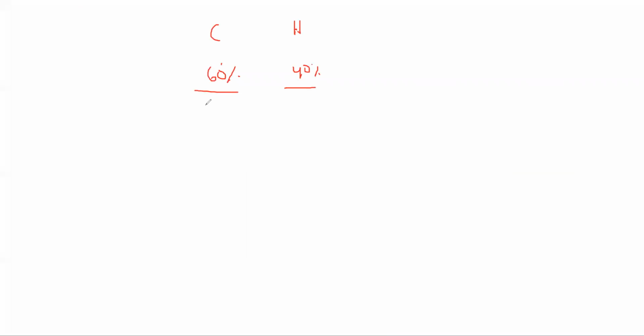So we divide by atomic mass. This will be 5 and this will be 40. And then we divide by the smallest value. This will be 1 and this will be 8. So 1:8 or CH8 will be there.